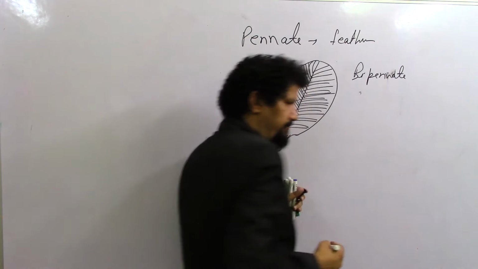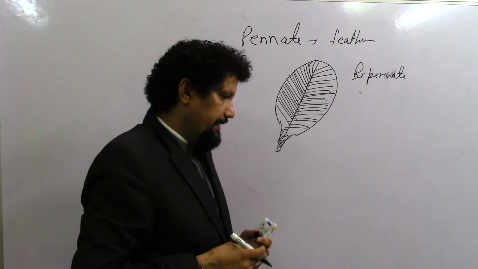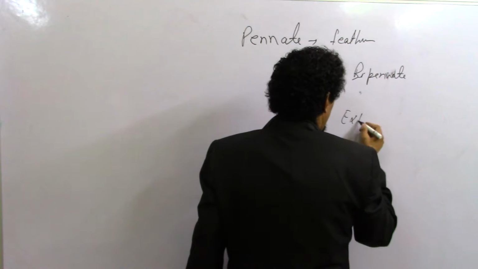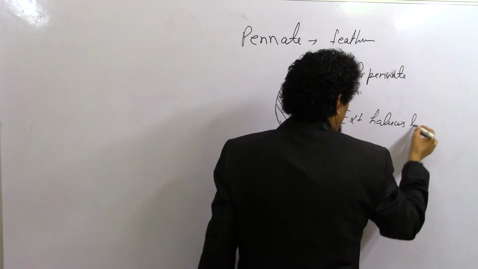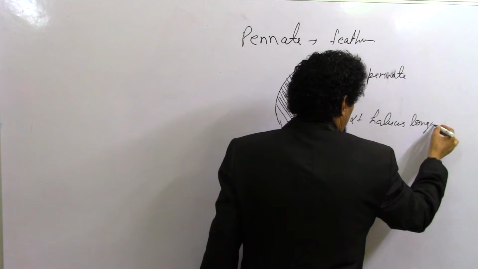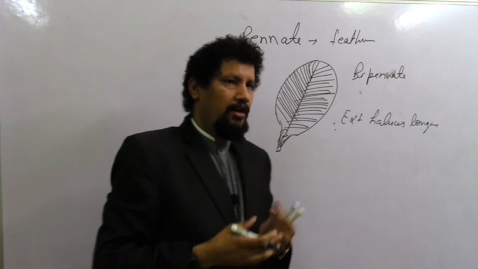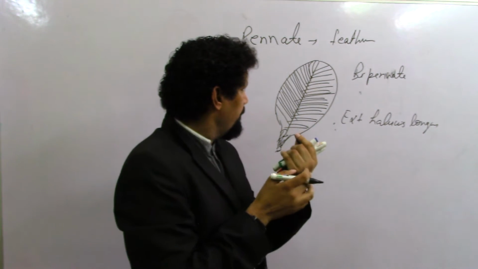This type of pattern, that is the bipinnate, is seen in extensor hallucis longus. This type of pattern is also seen in the dorsal interossei muscle.